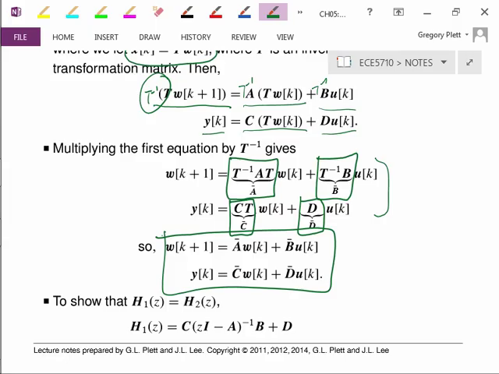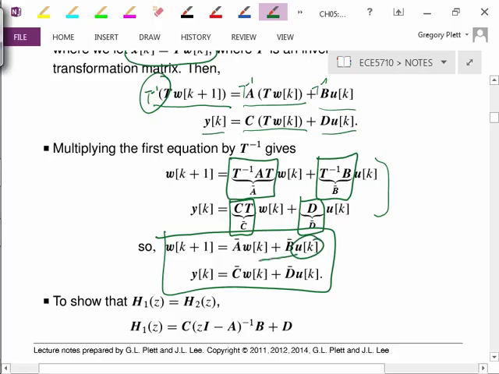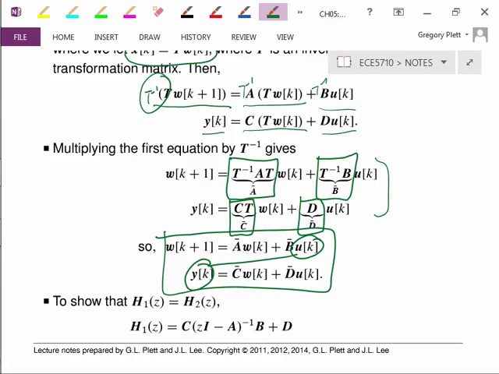There are some things that are the same about this W form as the X form, and there are some things that are different. What is the same is the input to output mapping. So from U to Y, everything is exactly the same. I've changed an internal variable in my calculation, but that internal variable is completely processed by the time it gets to the output, and so the internal variable disappears when I'm done.